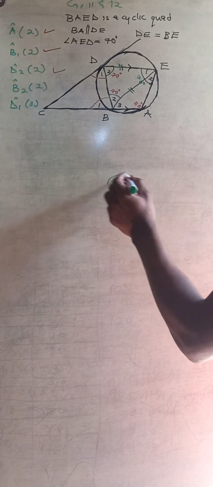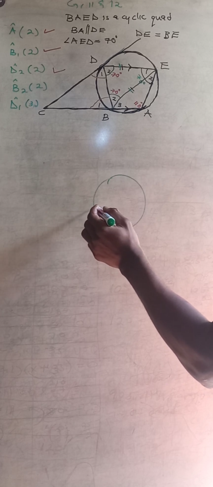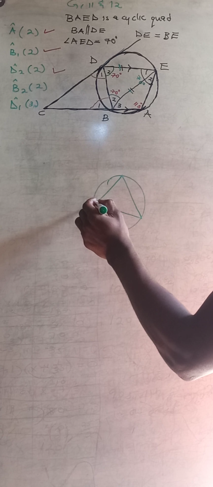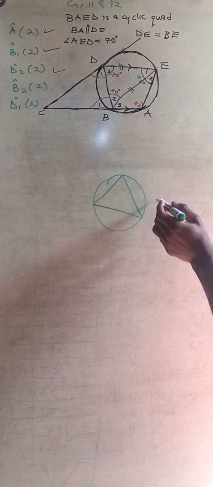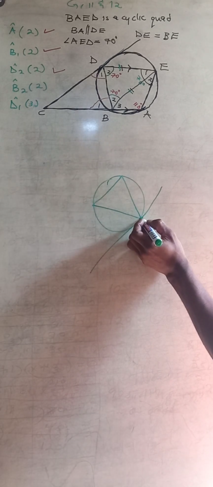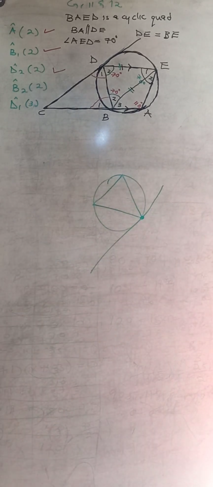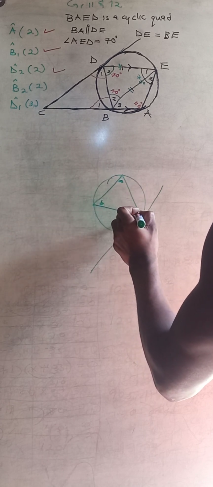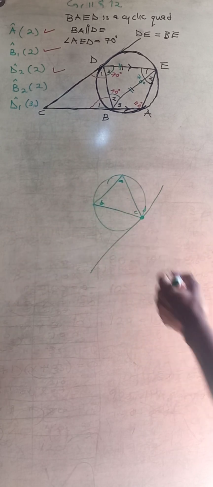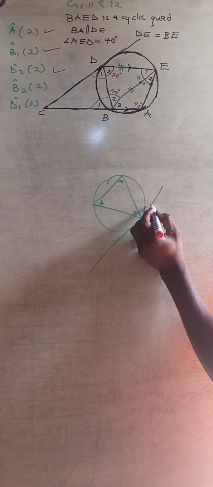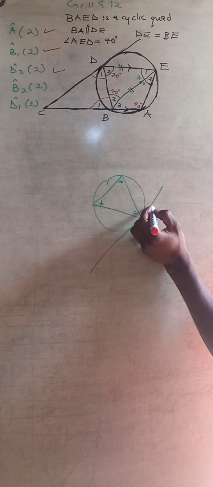So the theorem simply means, let's say maybe we had a triangle like this, and then say maybe here we have a tangent. This is the point of contact, right? Here we have angle A, here we have angle B, here we have angle C. Let's say here we have angle D. So angle D, if you can see, is the angle between a tangent and a chord.